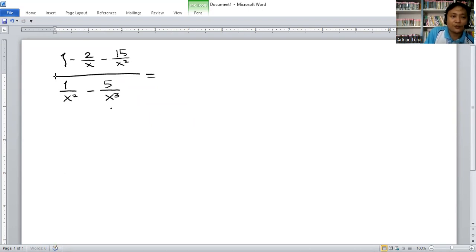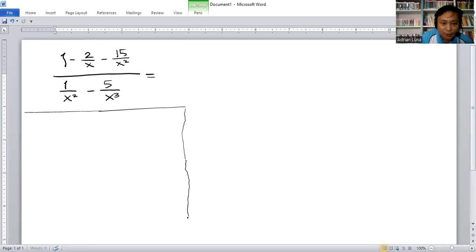Sulat lang ako dito ng ating scratch. Yan, portion na to. That will serve as our scratch.